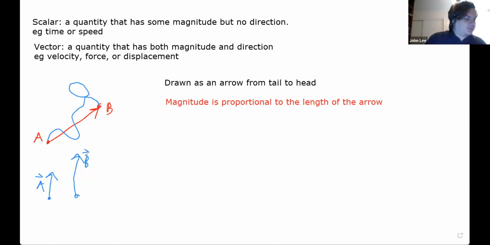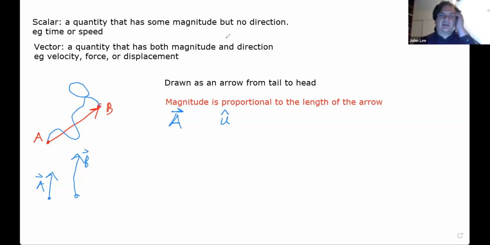Let's see what else about basic vectors. The way that they're also drawn out is as whatever variable you call the vector with an arrow on top of it, or you can have something called a unit vector, which has a hat on top of it instead of an arrow.